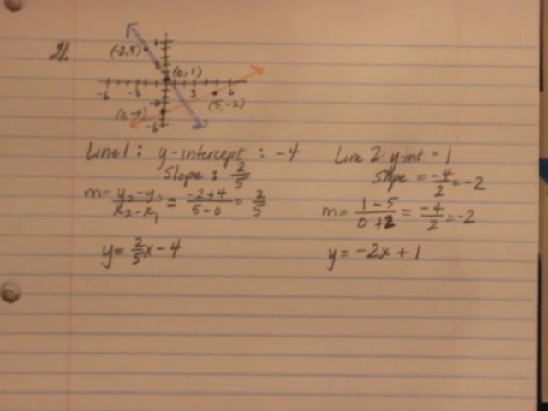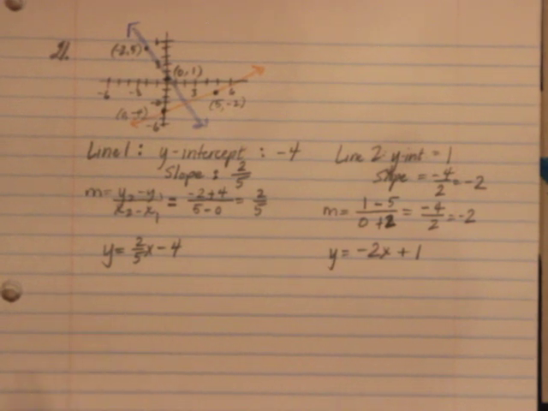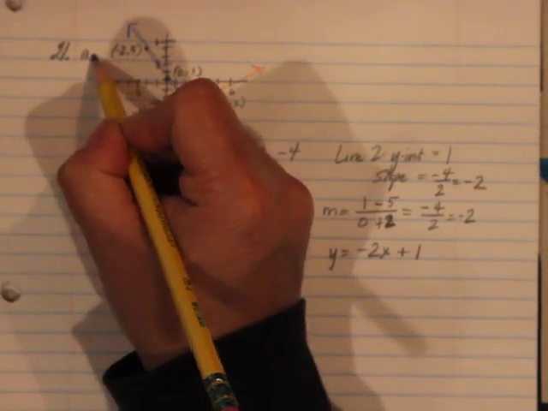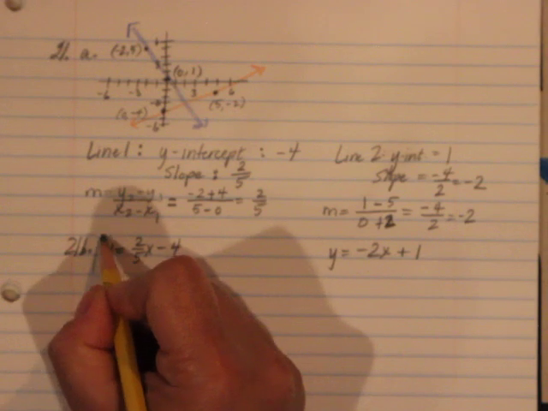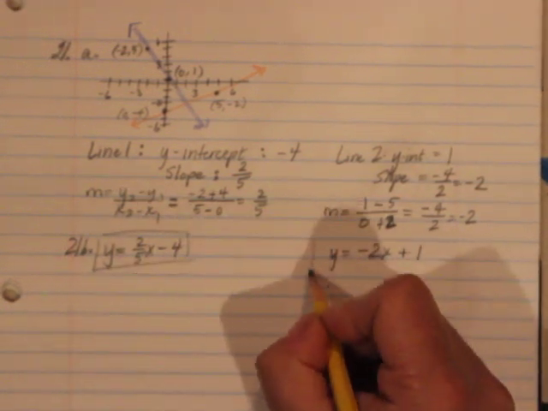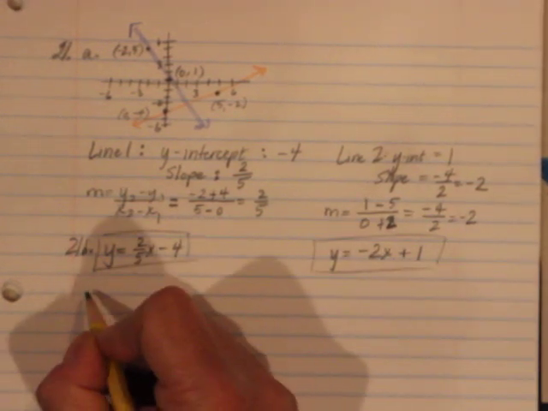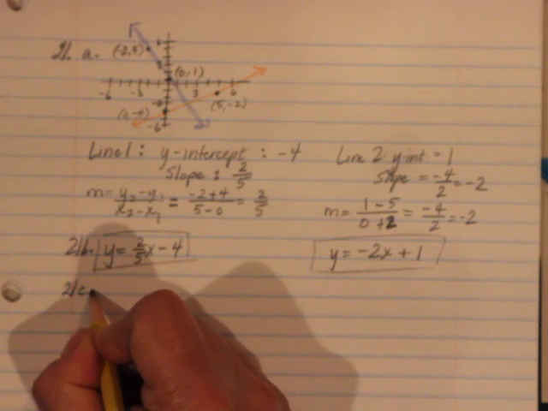They're asking, are the lines perpendicular? Perpendicular means that their slopes need to be negative reciprocals. Okay, so this is the answer to 21A right here. Here's 21B. There's one line, there's another line. Here's 21C.